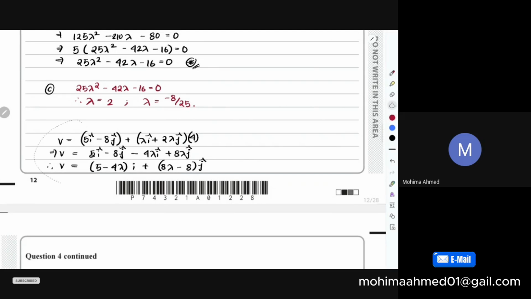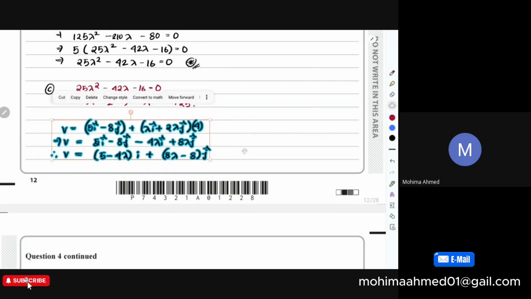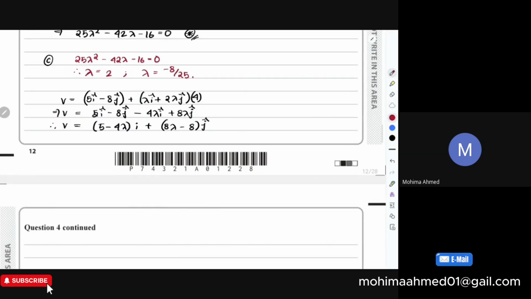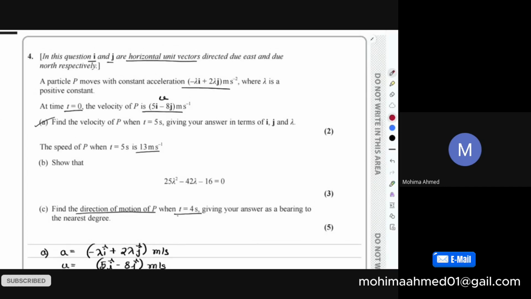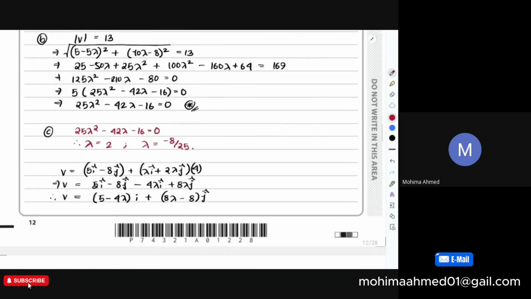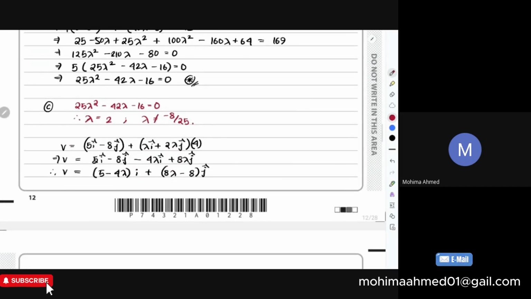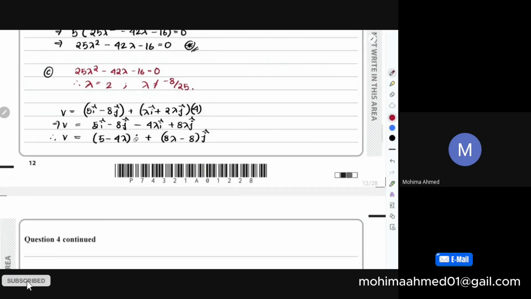Somewhere it was stated that lambda is a positive constant, so we will not accept the negative 8 over 25. So we get 2. 4 into 2 is 8, 5 minus 8 is actually minus 3. So you get minus 3i, and for j, 8 lambda minus 8 is actually plus 8j.